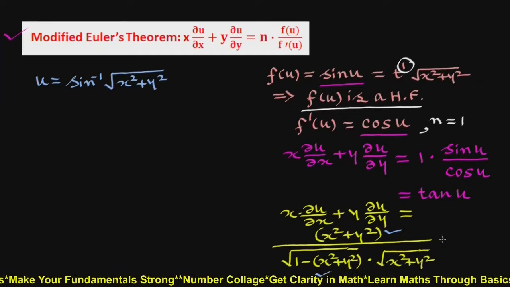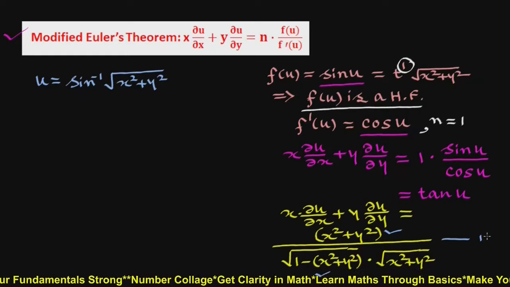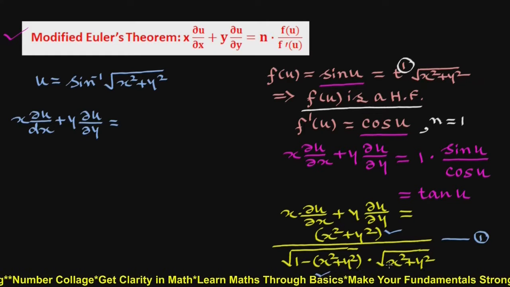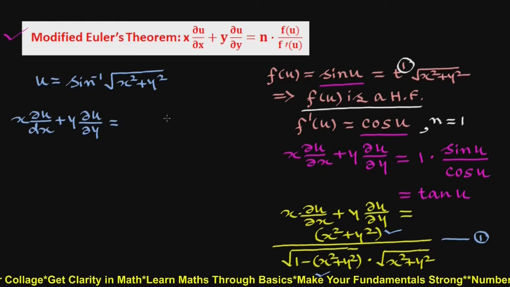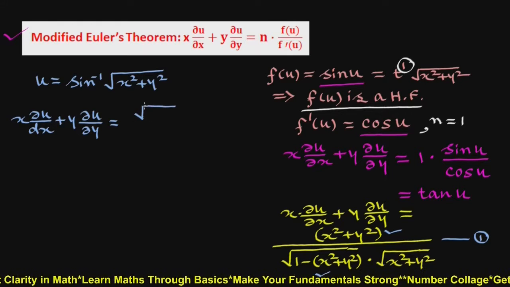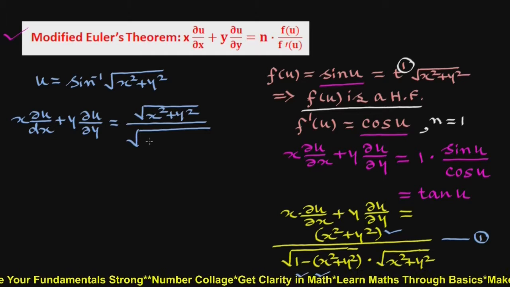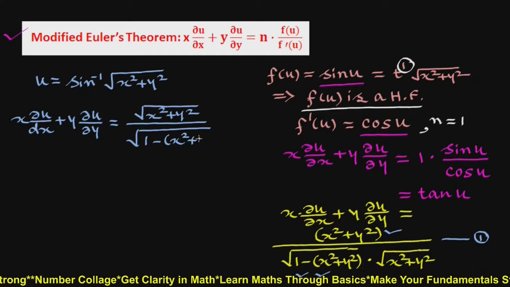The right hand side of expression 1 will become (x² + y²) upon the square root of x² + y², which will give us the square root of x² + y² upon the square root of 1 − (x² + y²).